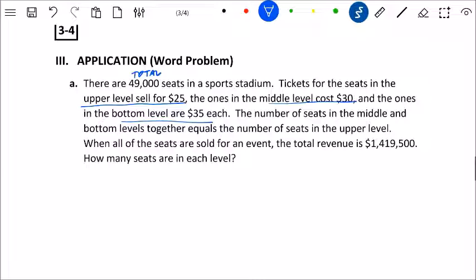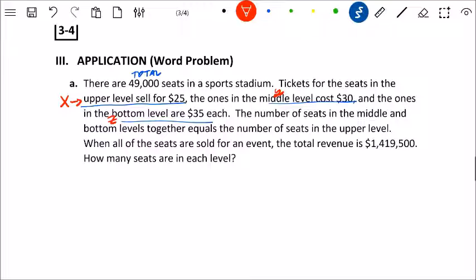Given that we are in a series on systems of equations, I have a feeling we're going to make some equations here. The first one is relatively easy, and we have to decide variables. I'm going to use X for the upper level seats, Y for the middle level seats, and Z for the bottom level seats.